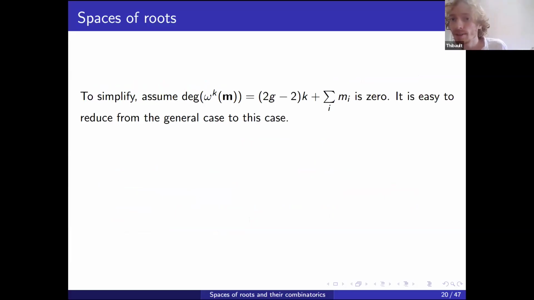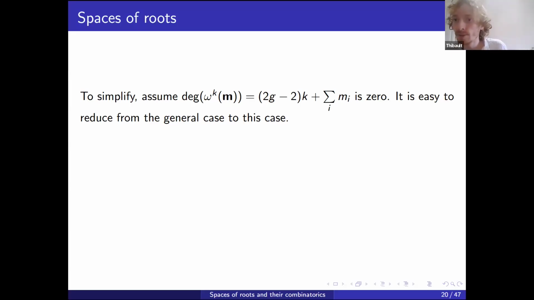I'm going to make a little simplifying assumption that the degree of omega^k(m) is 0. This is really only for exposition. It doesn't matter very much. And the reason it doesn't matter very much is if you think of the degree of the universal bundle, if it's not a multiple of r, then of course the space of roots is empty, because if you want to have an rth root, your degree also needs to have an rth root.